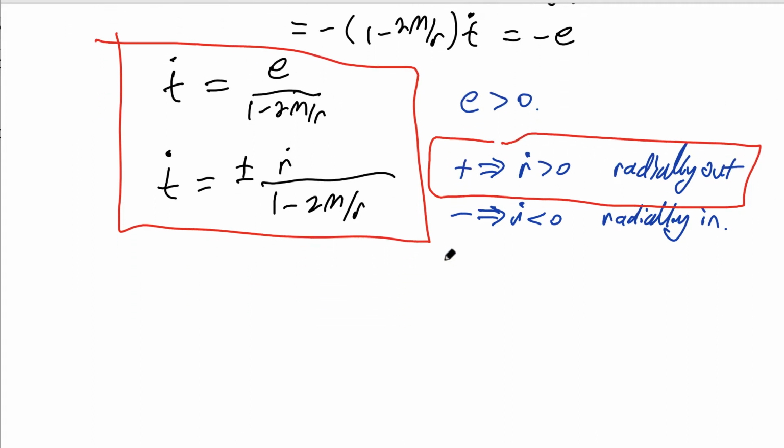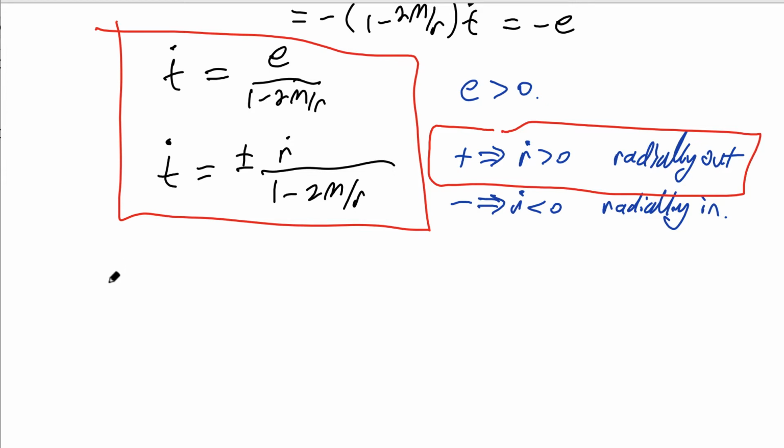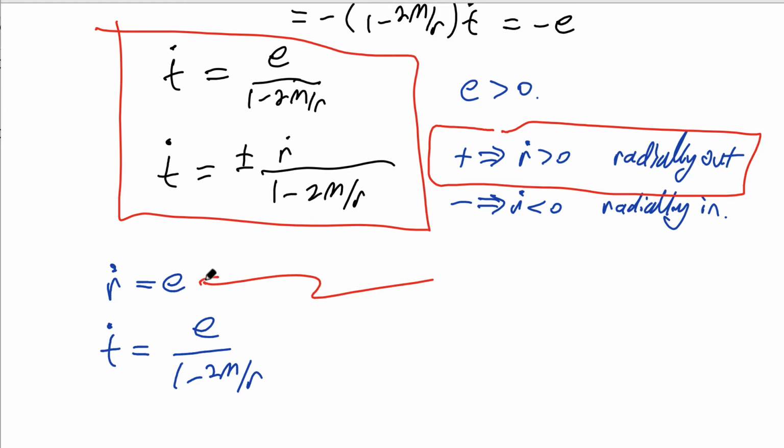So with this choice, we can see from these equations that r dot is equal to little e, and then t dot is little e divided by 1 minus 2m over r. Now the r dot equation has solution r of lambda equals e lambda plus r naught. So this is a constant of integration, which is the value of the areal radius when the parameter lambda is equal to 0.